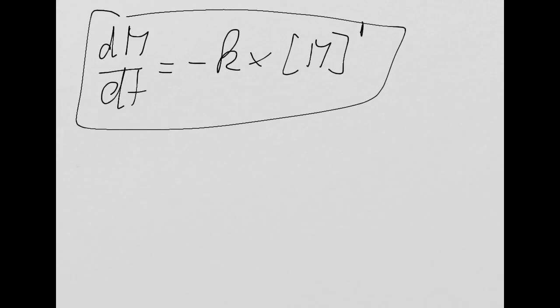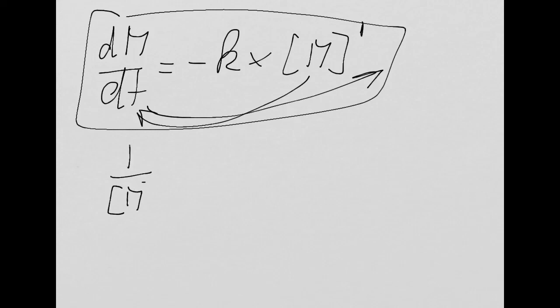What you do with that is you bring everything with d on different sides, and you bring everything with an m on one side. So what you have is 1 over m to the power of 1 dm equals minus k times dt. And as I said, don't worry about that.